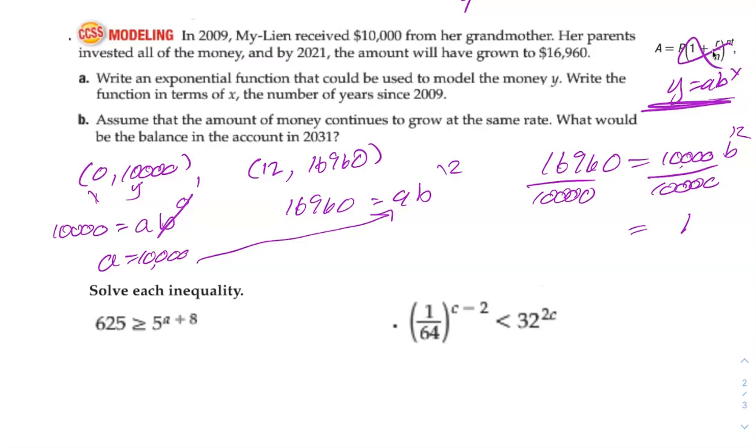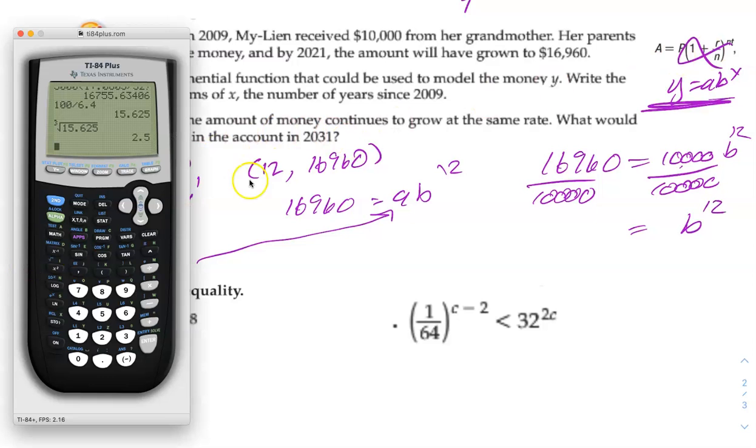And I'm going to get b to the 12th equals, I'm going to put that in my calculator, I don't know what that is. 16960 divided by 10,000. That's the right number of zeros. 1.696. And then I have to take the 12th root of both sides.